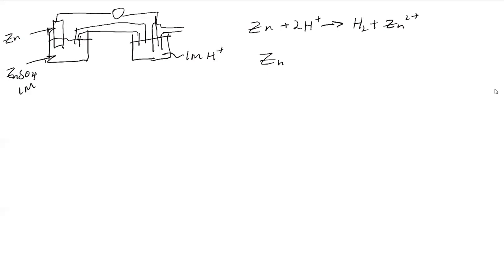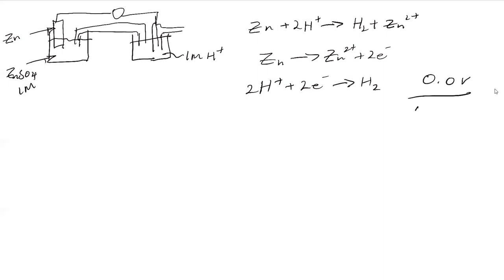The half reactions are, the zinc one is the same as we had before, zinc going to zinc 2 plus plus 2 electrons, and 2H plus gaining 2 electrons to give me H2. And this one is 0 volts. The overall cell potential for this is negative, so it's minus 0.7. No, it can't be negative. It's 0.76 volts.